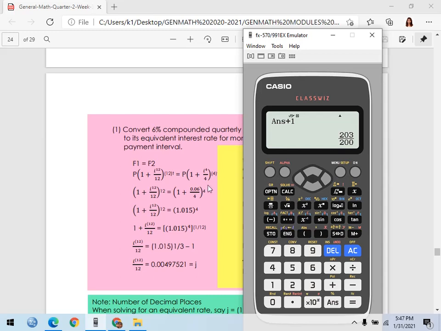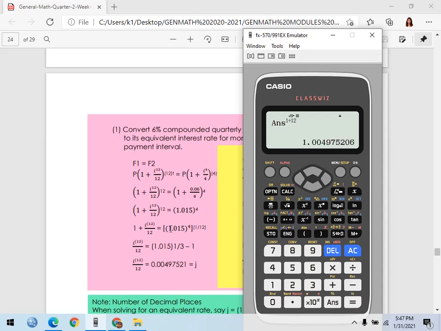Okay. And then, raised to 4, because it is compounded quarterly. Ayan. And then, raised to 1 over 12, because we are converting from quarterly to monthly. Okay?